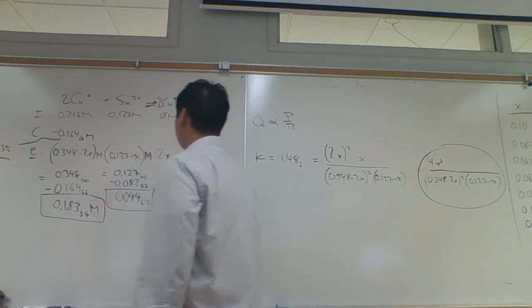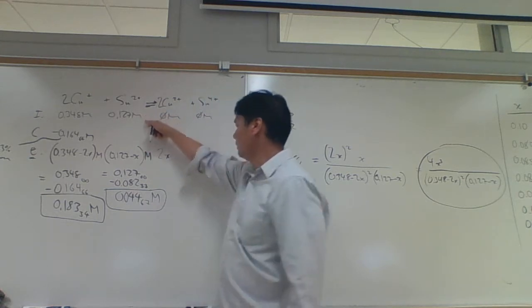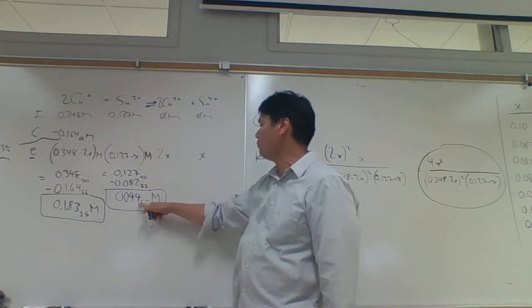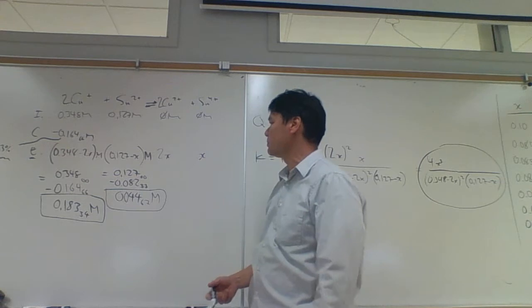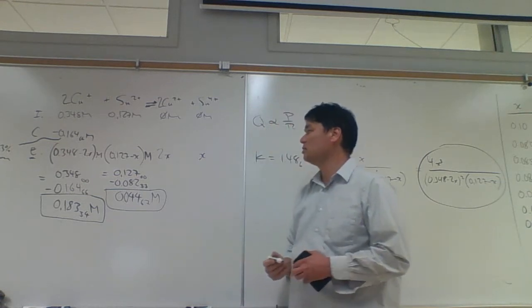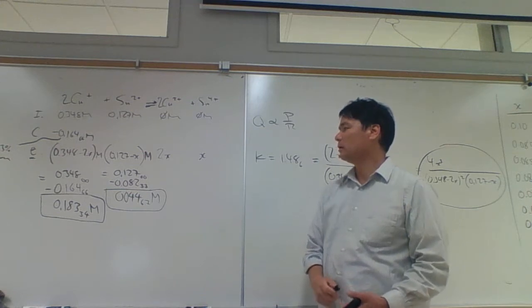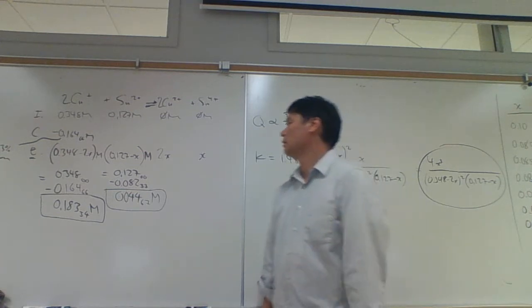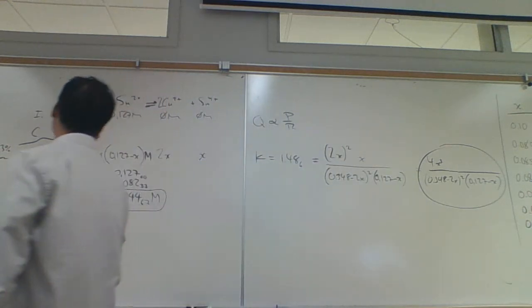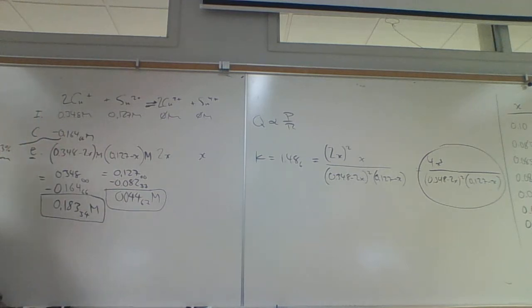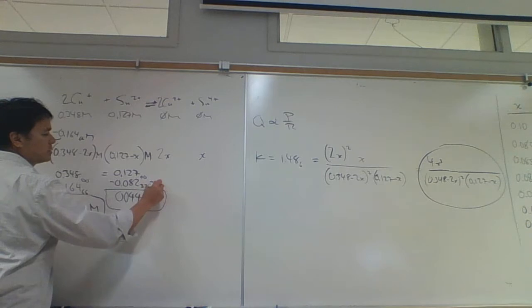And so here we started off at 0.127 molar, and by the end of the reaction we're down to 0.04467. What was the percent reaction of the tin 2? Can you calculate it for me? 34.6%. So this is 34.6%.